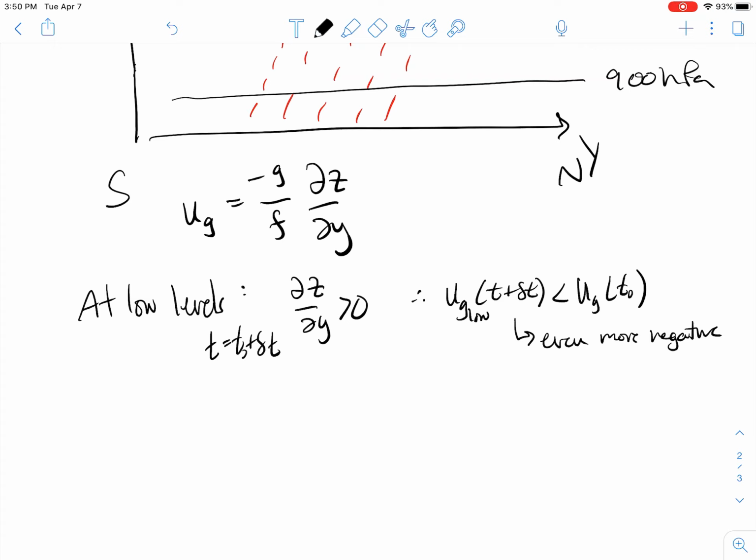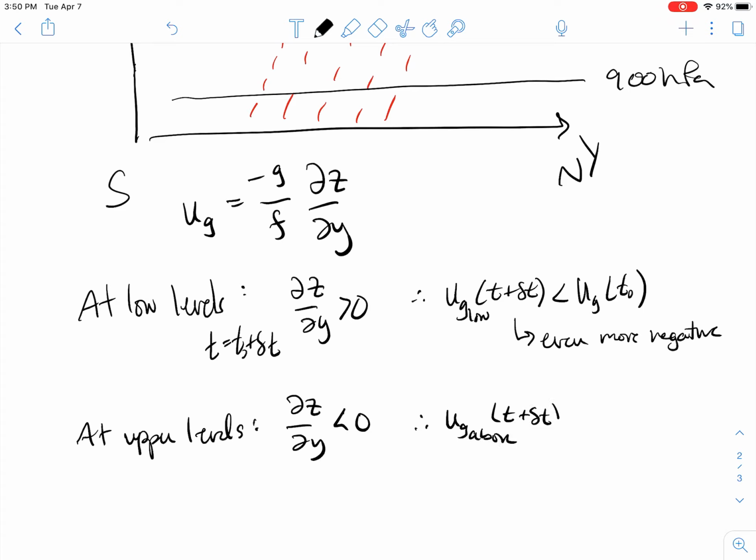Okay, at upper levels, our dz dy is going to be less than 0, such that UG above at our time t plus delta t will be greater than our UG at time 0.